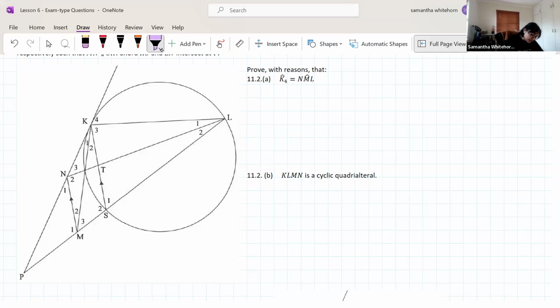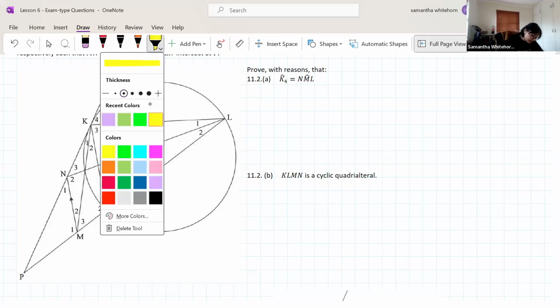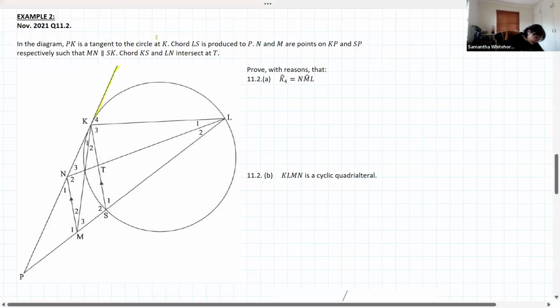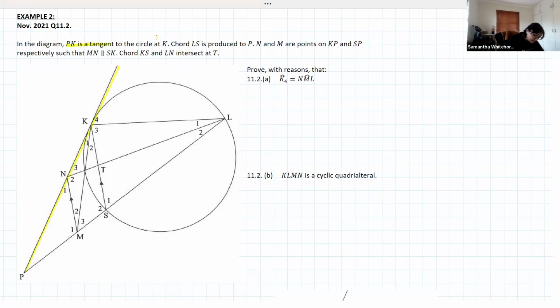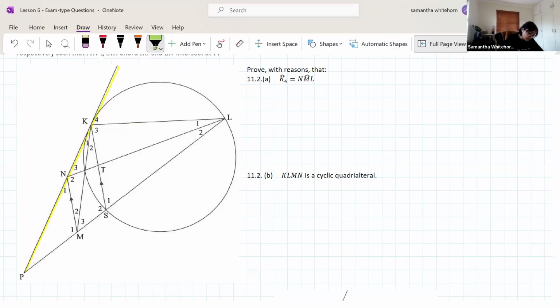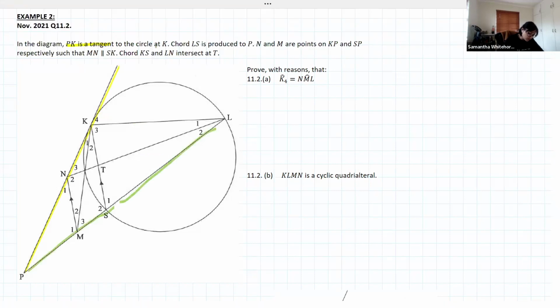So we know we've got a tangent here, and that is PK, this thing I'm highlighting in yellow. Chord LS is produced to P. So here's chord LS, and it's then extended all the way to P. That's what produced means. It just means extended.